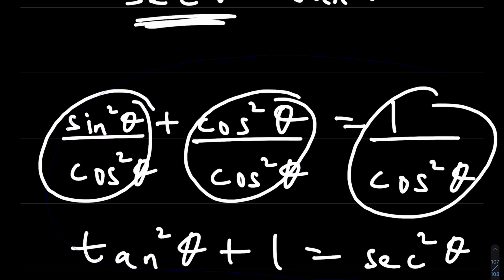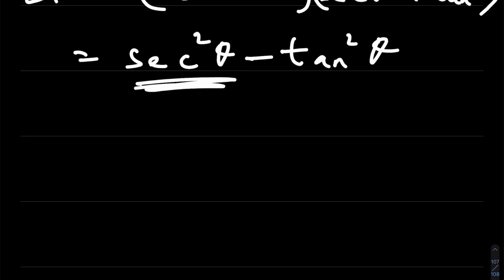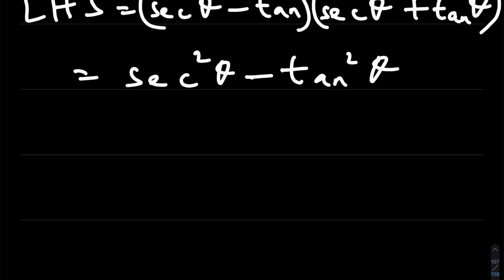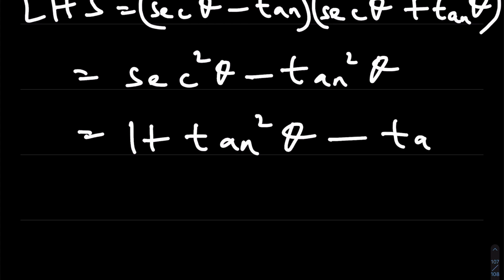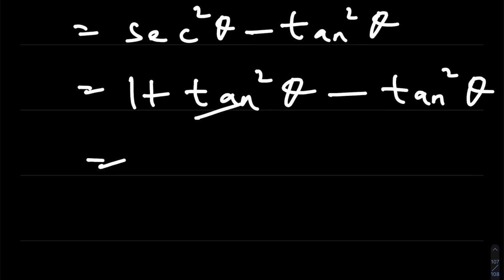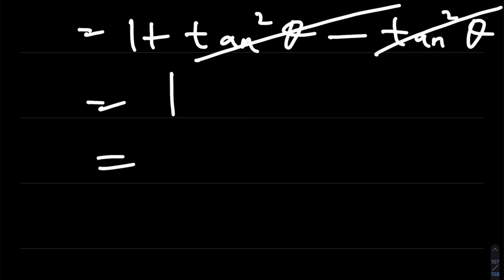That's another identity that you'll be needing once in a while, or that it's good that you know. So instead of writing sec squared theta, I'm going to write 1 plus tan squared theta minus tan squared theta. And that simply means tan squared theta minus tan squared theta is 0, and that's simply 1, which is the right hand side. And that's it, very, very simply.